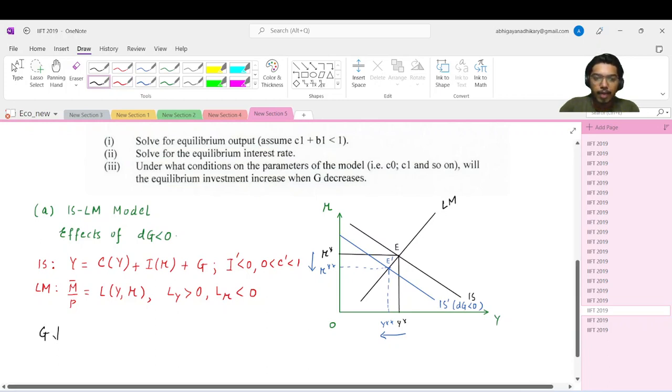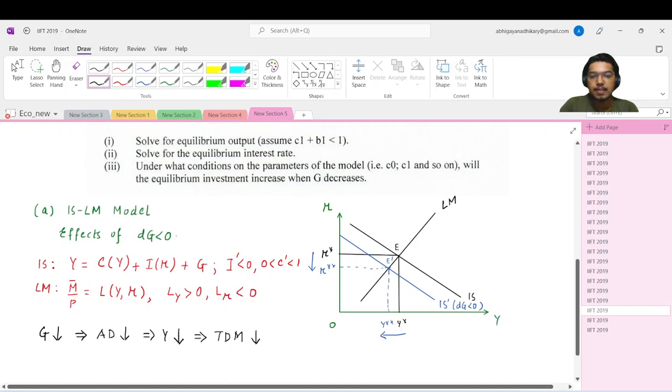Now let us understand what is happening. We want to evaluate the effect of a fall in G. G falls means the aggregate demand falls. Given a demand determined structure, aggregate demand falls means Y falls. Given Y falls, the transaction demand for money falls. Given the money market equilibrium, the money supply is fixed.